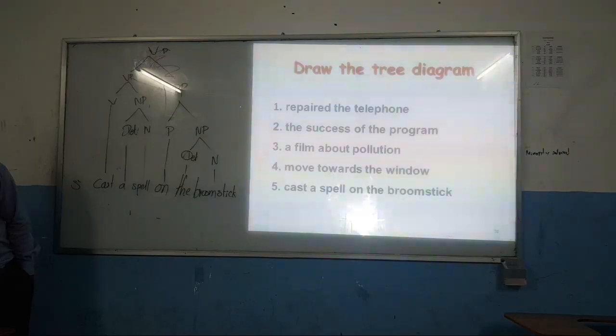Number 3 is pollution, not solution. We can mark this is correct. It's okay, but it's in the long process like this one as well.